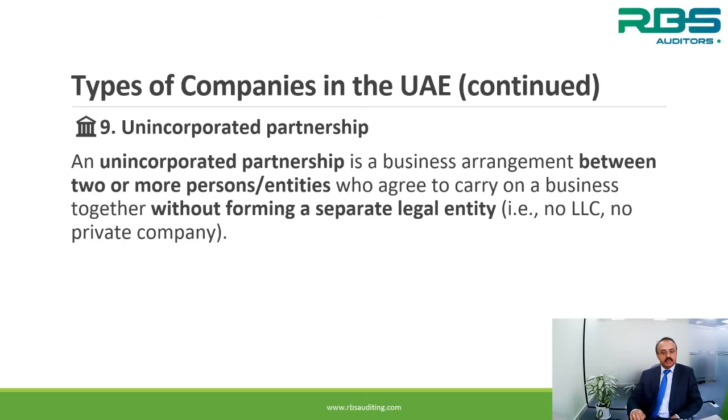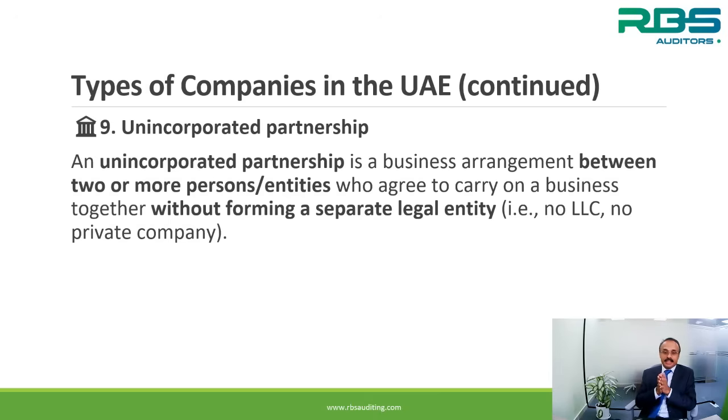Unincorporated partnership. What exactly is an unincorporated partnership? An unincorporated partnership is a business arrangement between two or more persons or entities who have agreed to carry on a business together without forming a separate legal entity. That means you will not have any separate legal entity type or separate license, like an LLC license, DMCC license, or any private company license.